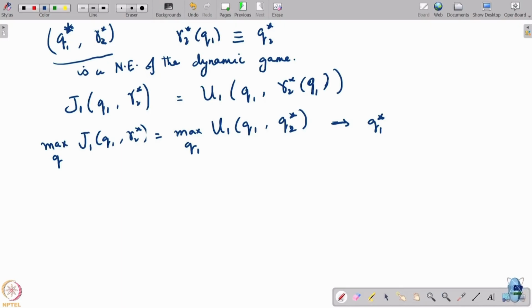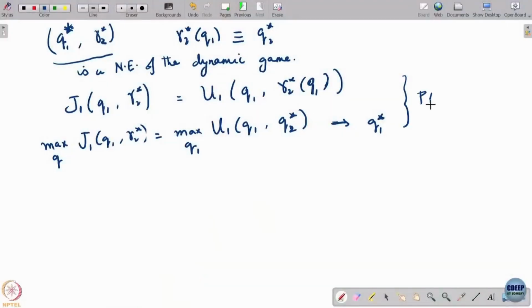Which means that if player 2 plays the constant function gamma 2 star, it is optimal for player 1 to play the quantity q1 star. So, if player 2 plays the constant function whose value is equal to the Nash equilibrium from the simultaneous game, then it is optimal for player 1 to also respond with his own Nash equilibrium component from the simultaneous game. Is it clear? So, for player 1 this is done.